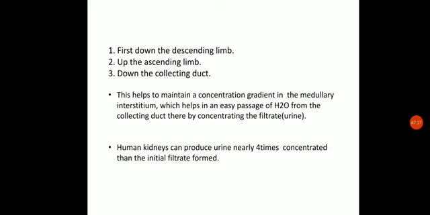Second, it prevents the loss of essential substances like sodium, potassium, calcium, etc. It also retains the nutrient substances released from the filtrate. So reabsorption is a very important part of urine formation.